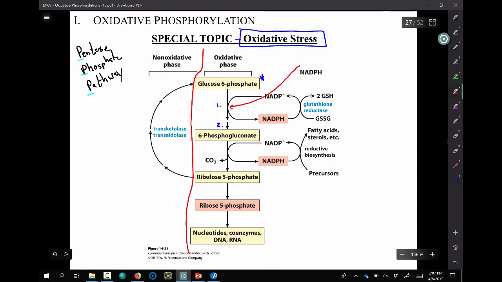The enzyme that's implied by this arrow is something called glucose 6-phosphate dehydrogenase, sometimes just going by G6P dehydrogenase.